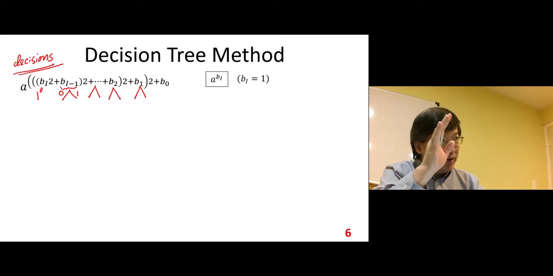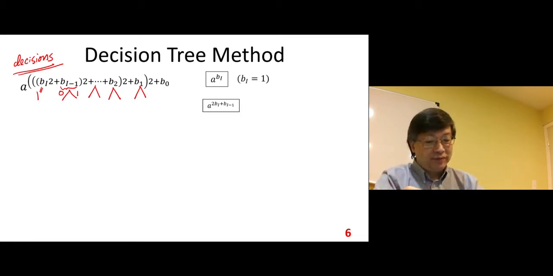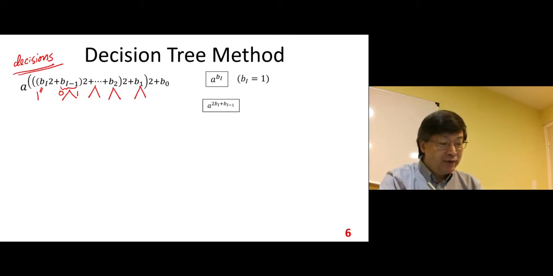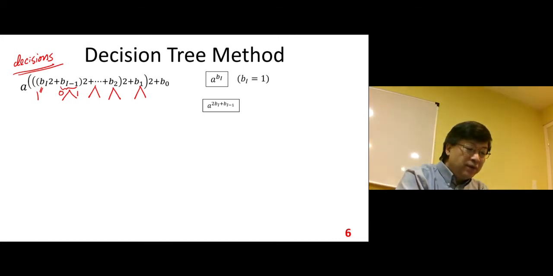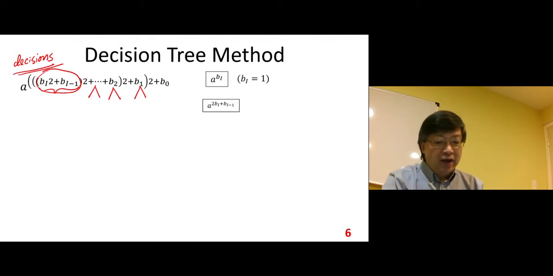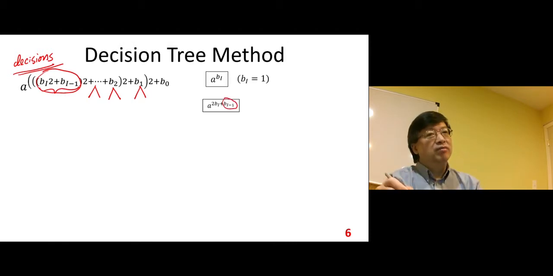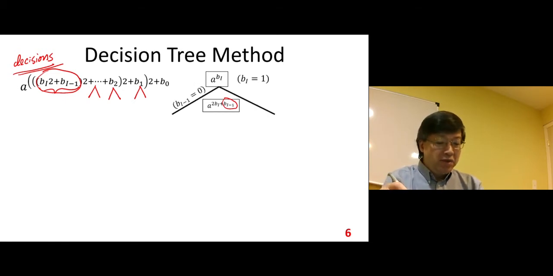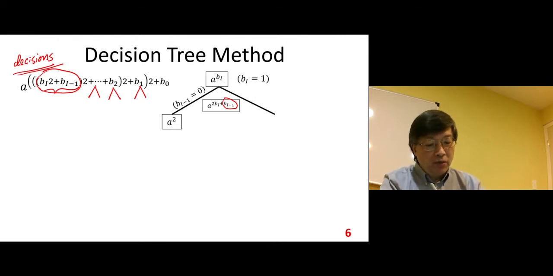Then, when we go to the next level, we need to make a decision. When we need to evaluate a to this power expression, we need to use the value of bi minus 1. Here we need to make a decision, because bi minus 1 could be 0 or 1.